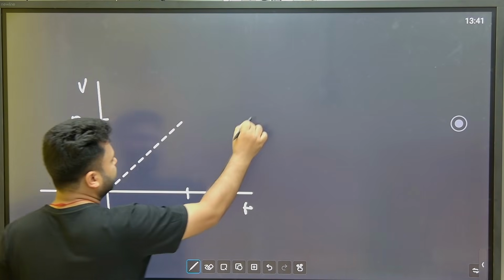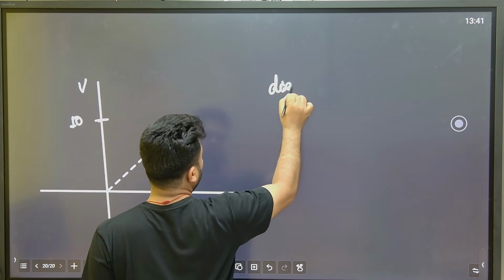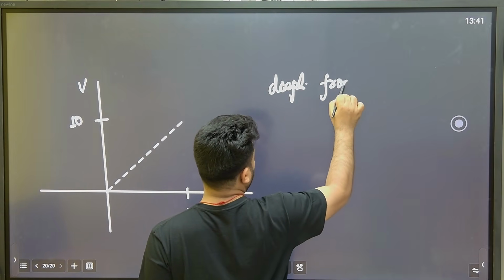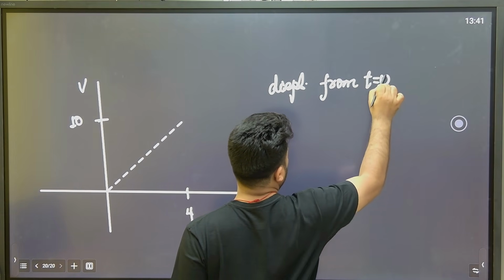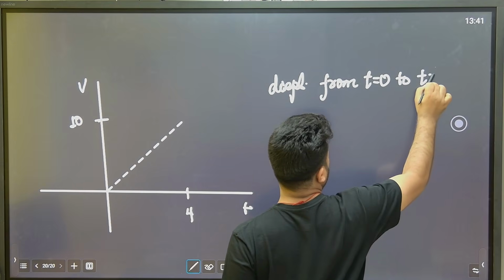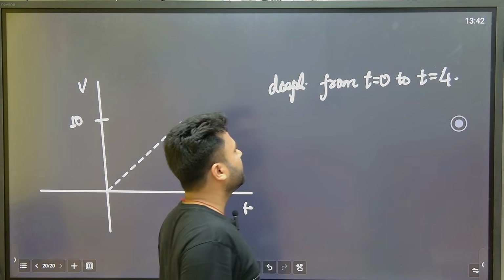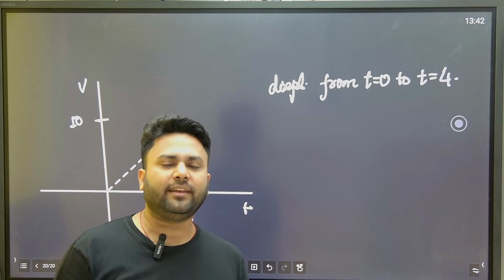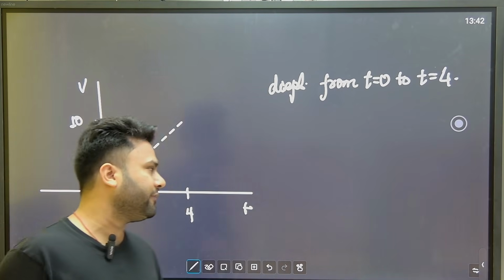They will ask to find displacement from t equals 0 to t equals 4 seconds. Now displacement, we know what displacement is: integration of v dt or area under the vt graph.